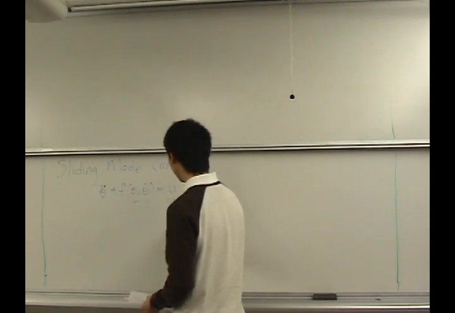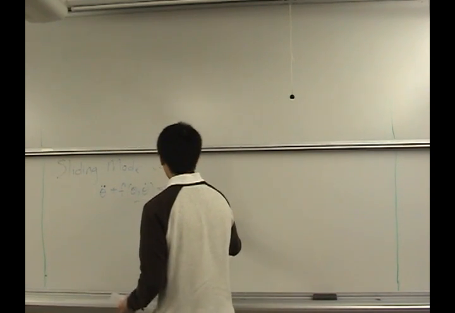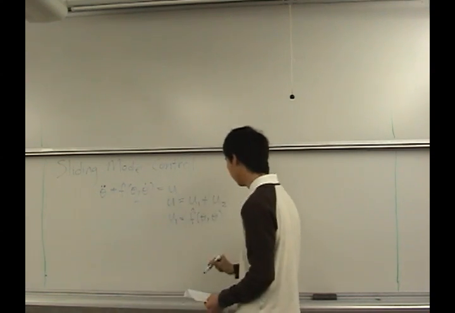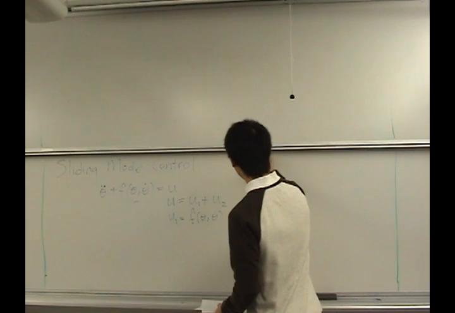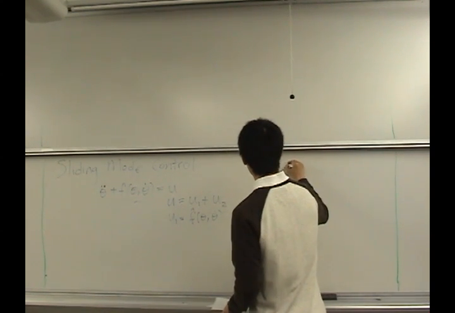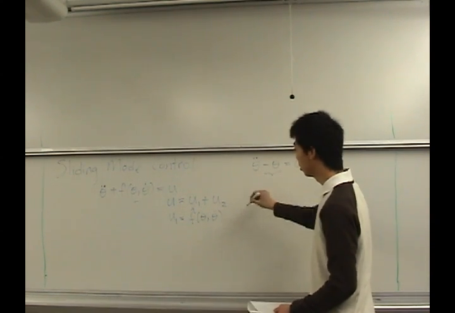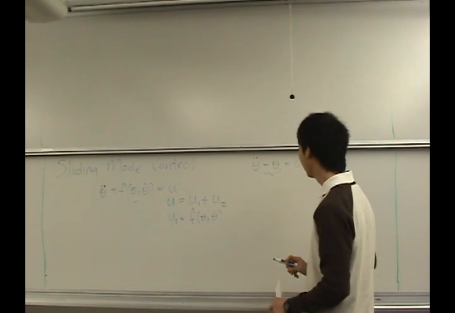And we're going to let u1 equal some estimate of our nonlinear dynamics. So in your homework you have theta double dot minus theta equals u. So right here, that's our nonlinear or undesirable dynamics.